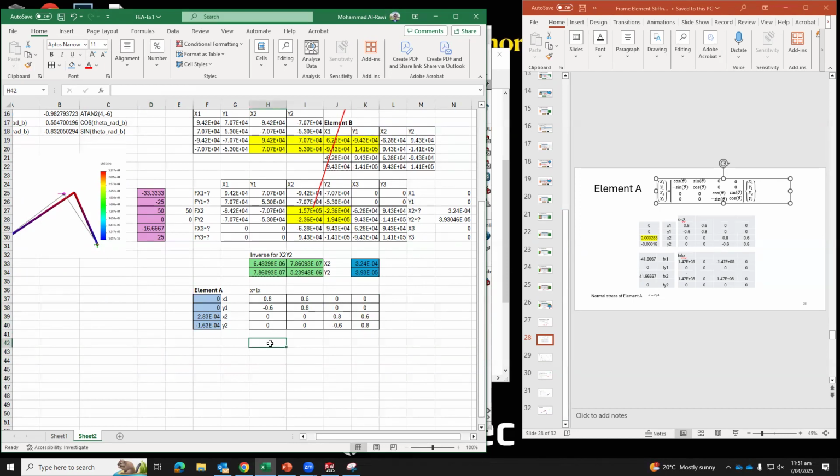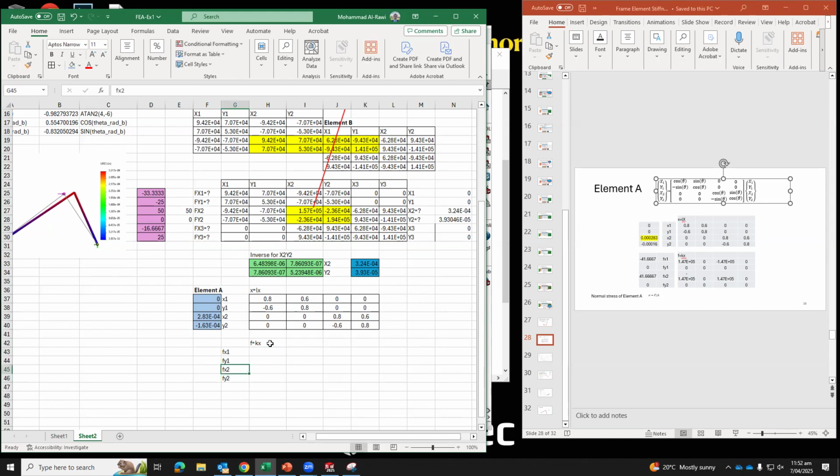Now, let's find the second thing which we need to determine. Force equals K times X, the coefficient times the displacement. And here would be fx1, fy1, fx2, fy2.